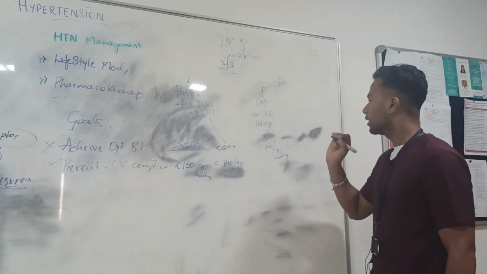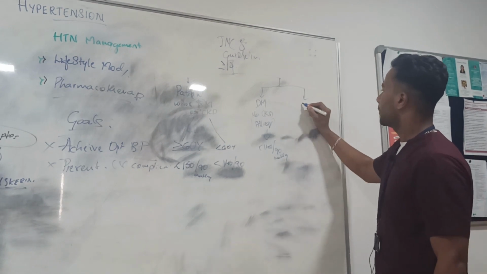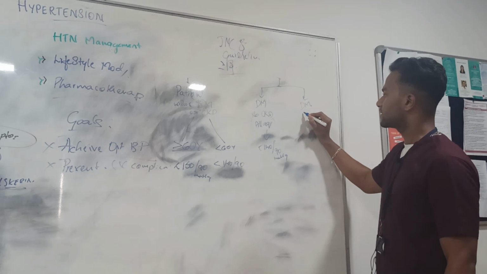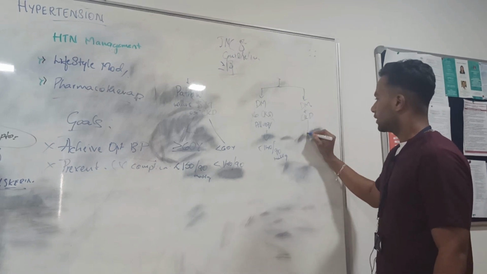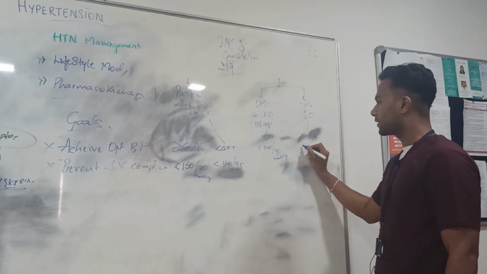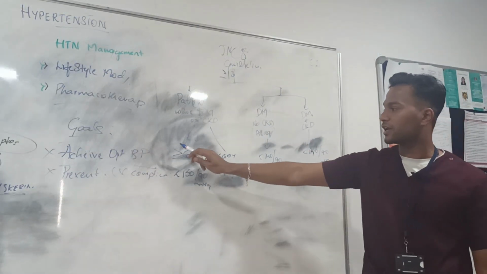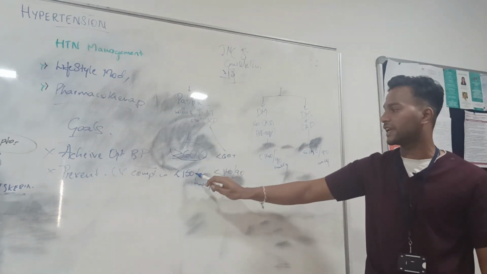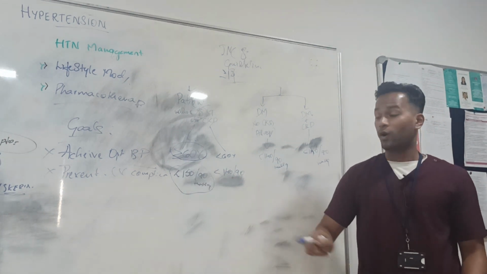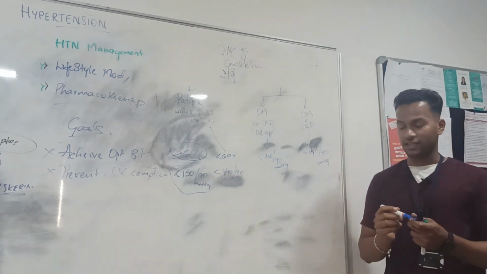If the patient has diabetes mellitus plus CKD, then the target BP is 140/90 only. The only exception is when the patient is greater than 60 years with no diabetes mellitus or CKD, then the target is 150/90. For the rest, it is all 140/90 mmHg.